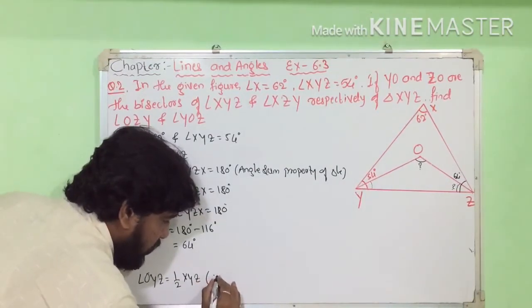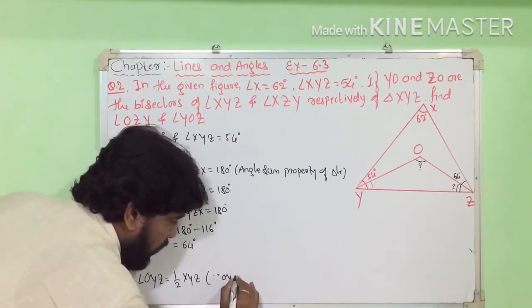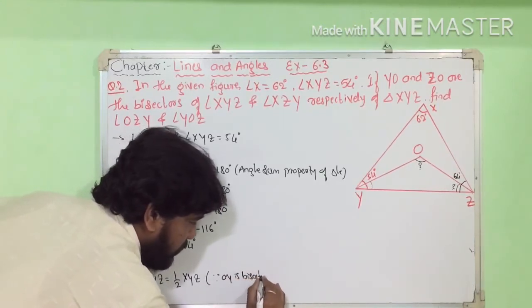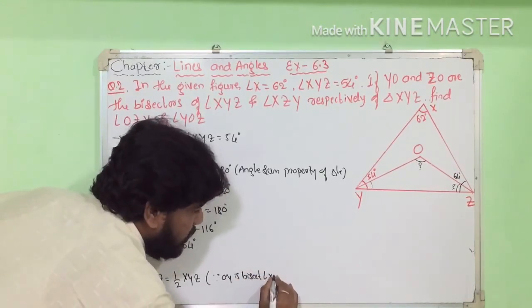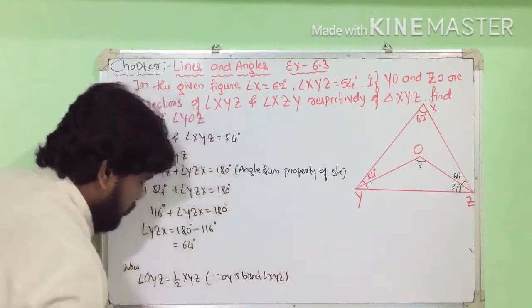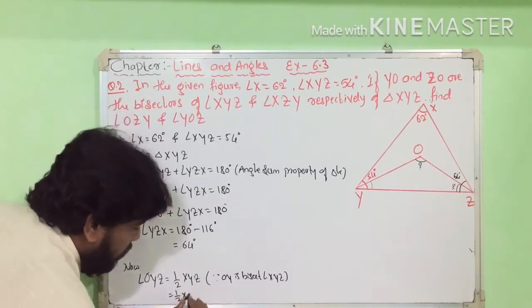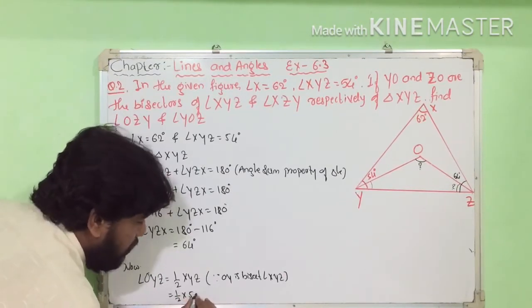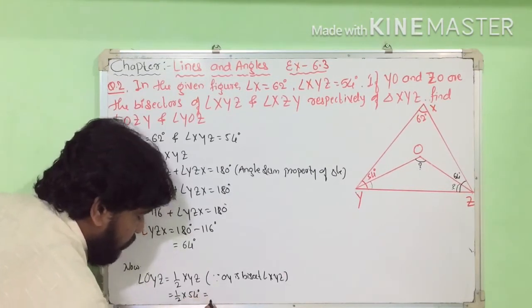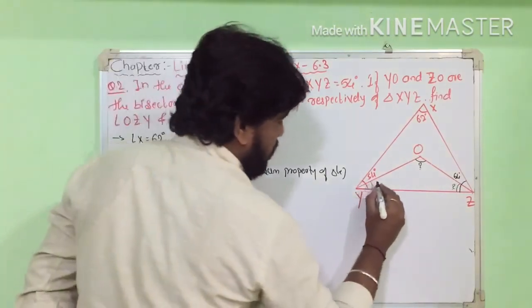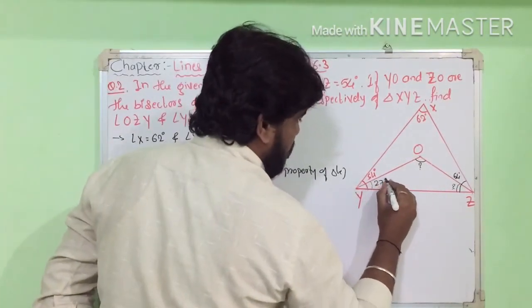So write down the reason here: OY bisects angle XYZ. So this is equal to 1/2 into 54 degree. So here we got 27 degree. So this angle is 27.